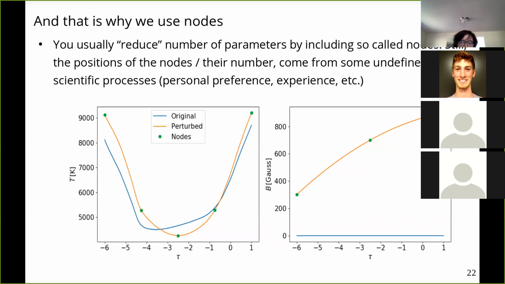So we have simplified our fully stratified, unknown temperature stratification to only 5 parameters. Instead of having, I don't know, 50 or 100 points for my depth-dependent temperature, I now only have 5. The same is true for the magnetic field here on the right. Instead of having 50 or 100, I have 3, and so on.